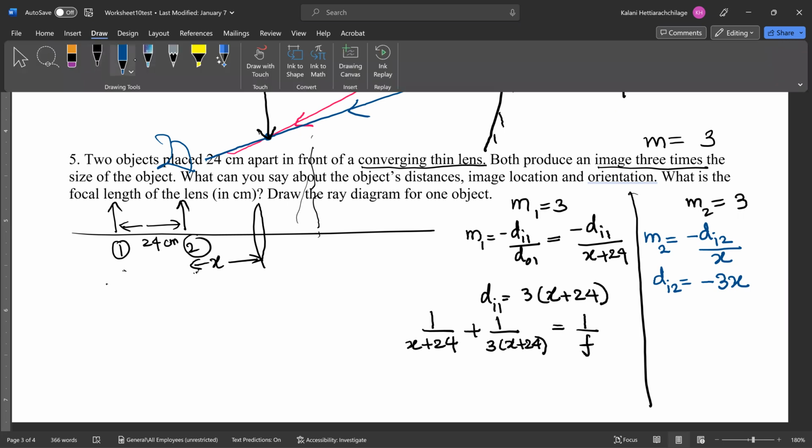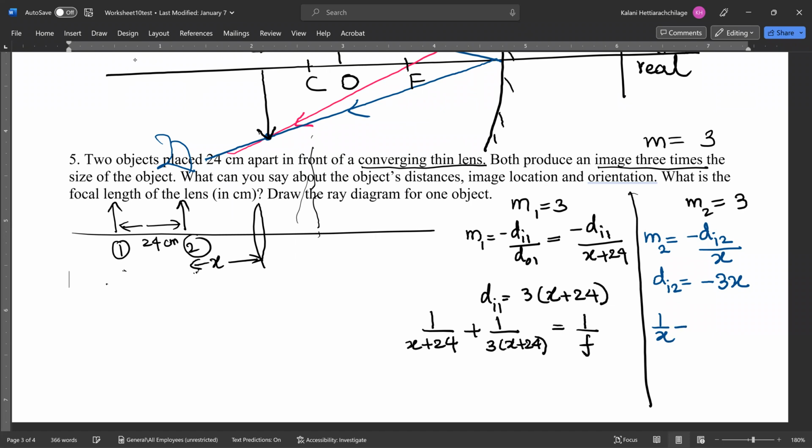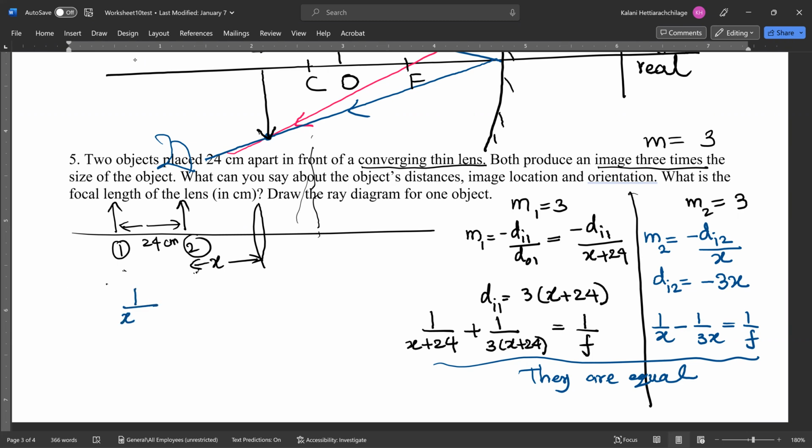Now for the second case I can do the same. I can write 1 over x minus 1 over 3x equal to 1 over f. Okay, so now these two, you see that the right sides are equal to each other, because you are using the same lens. They are equal. So since they are equal, I will be able to find the x. Let's do that calculation here. I'm not going to do the whole calculation, but I will write the formula here, and you're going to calculate it.